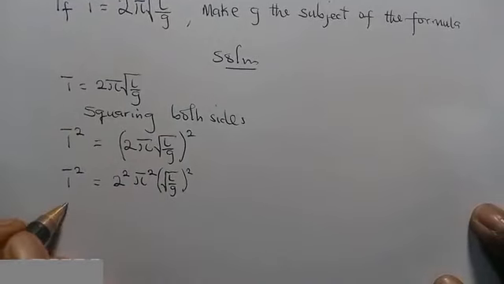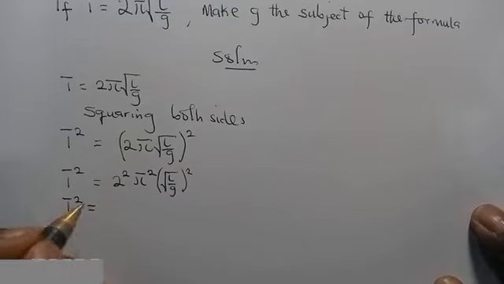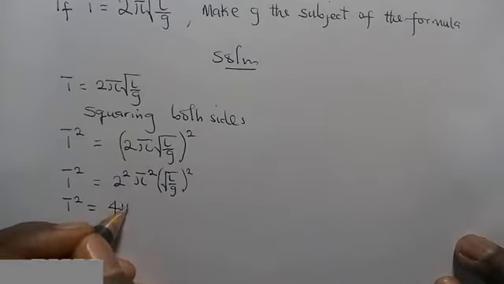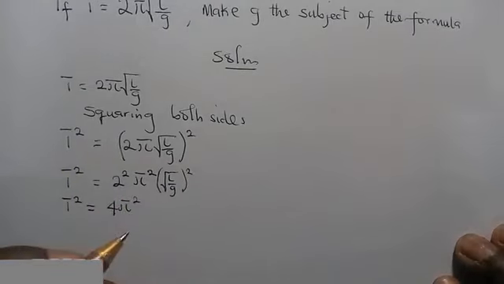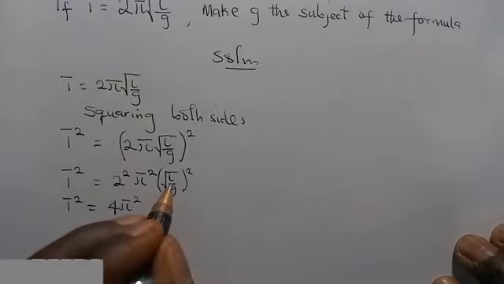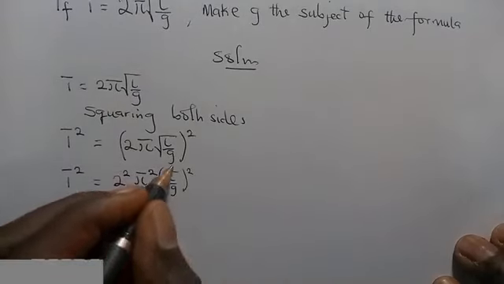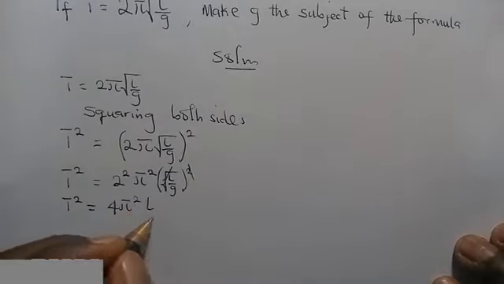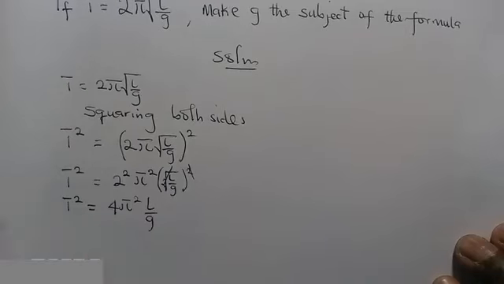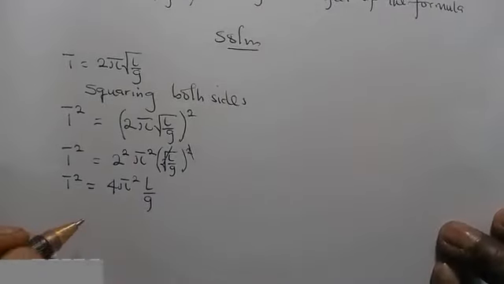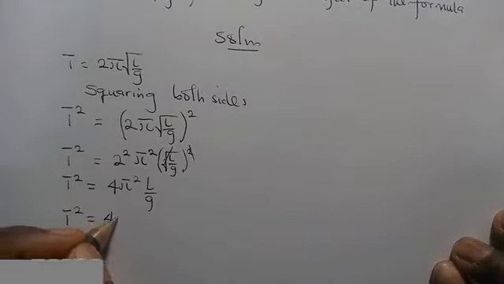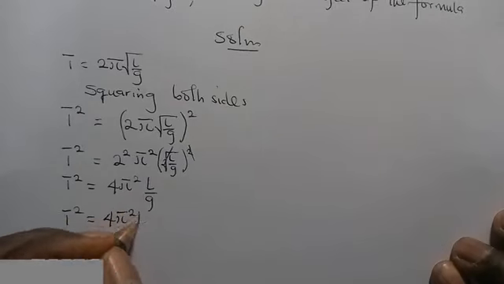So next we have T square is equal to 2 square is 4. Then we have pi square. Next we have this square root going with this 2, and we are left with L over G. So at this point, we have T squared equal to 4 pi squared L all over G.